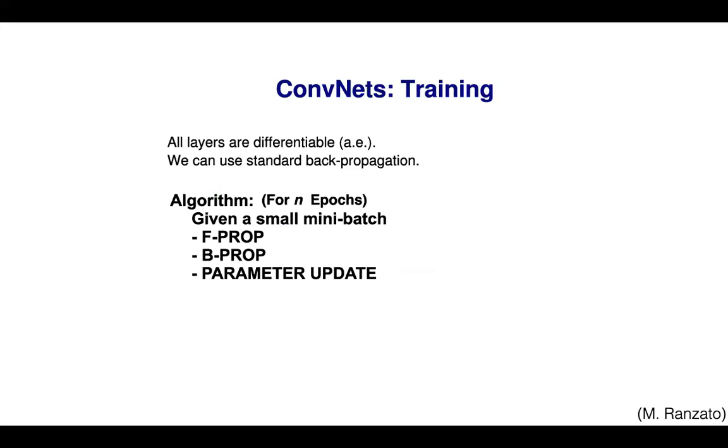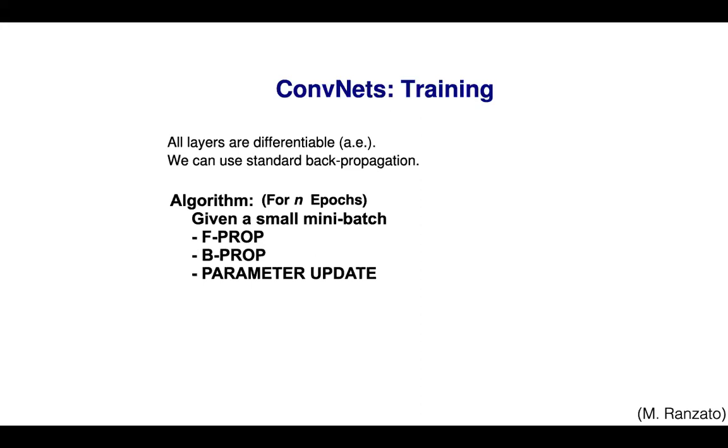And then we have to train, and we are going to train more or less in the same way you train a regular neural network, because all these layers that we described are differentiable, and then we can train optimizing using backpropagation. Basically, the scheme for training a convolutional neural network is not different from training other neural networks.